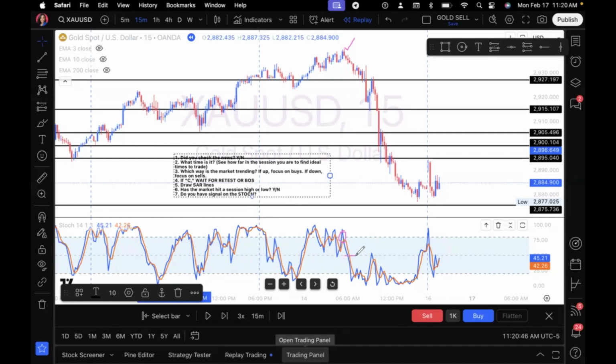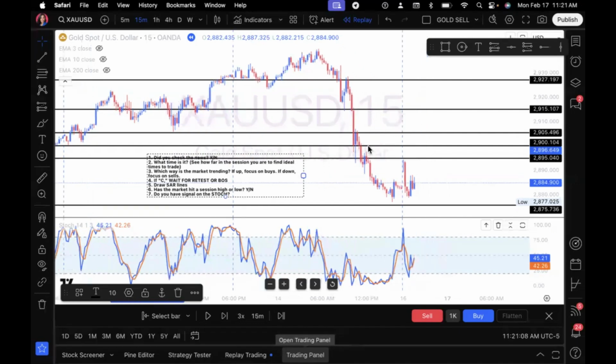The stochastic continued to fall below 50, which is another significant level, and this is where price was tested, but it broke through and continued to push down. Once the market crossed below 20, it was still selling. So I think that the stochastic is a really great indicator. I like to use it for my trades.